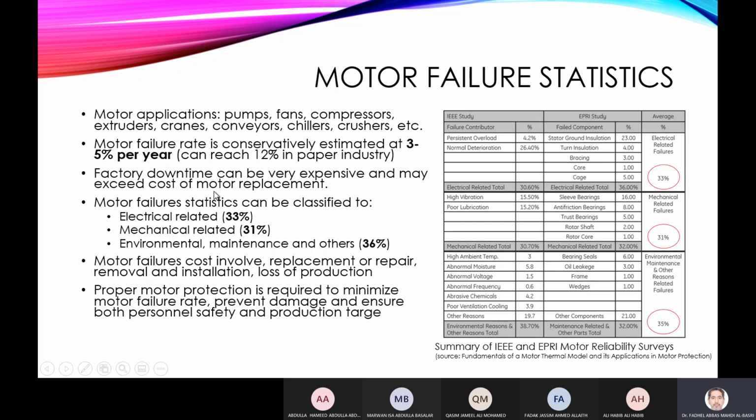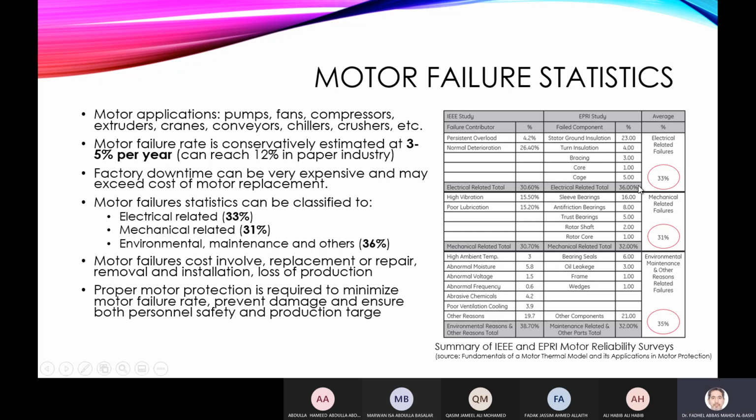Sometimes the cost of losing a motor exceeds its cost of motor replacement. The cost would involve replacement and repair, removal, installation, loss of production. If you add all of this, it might cost as much as a new motor.